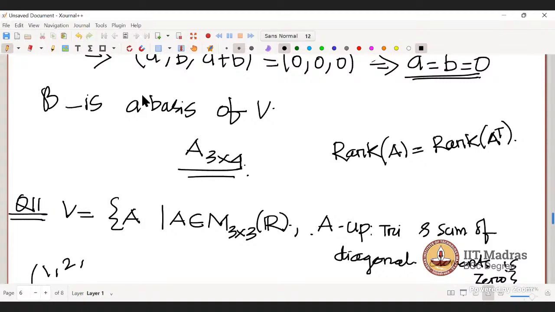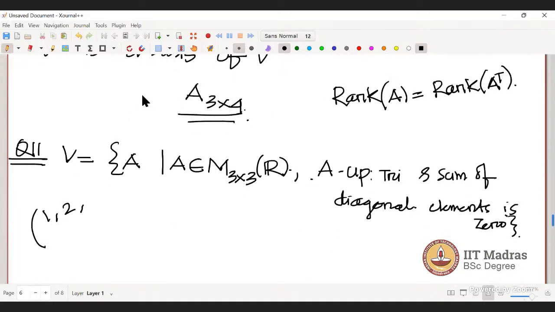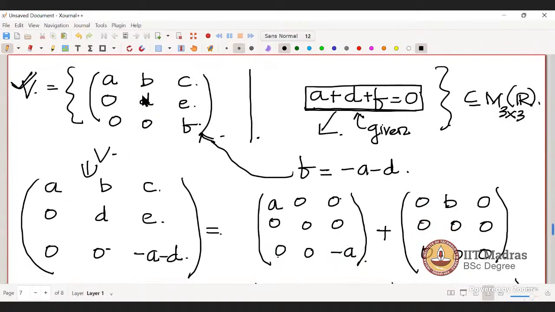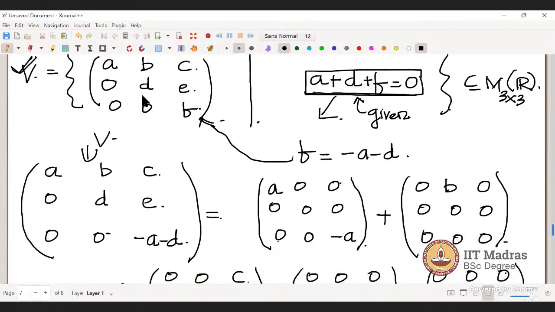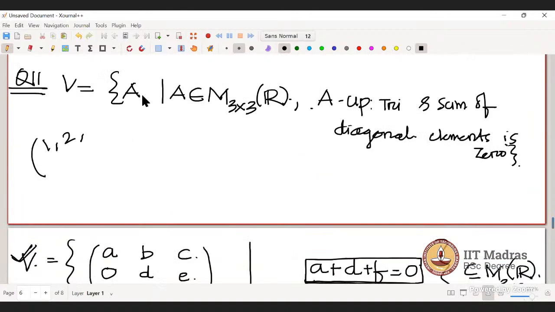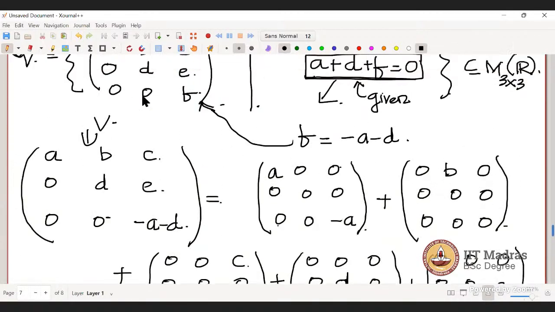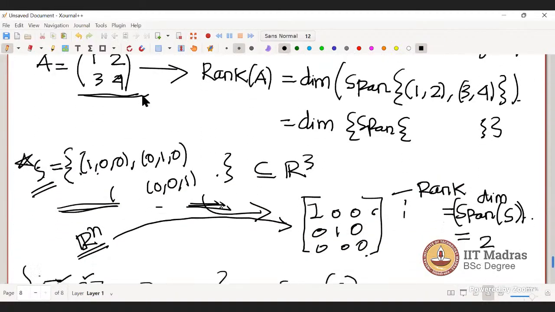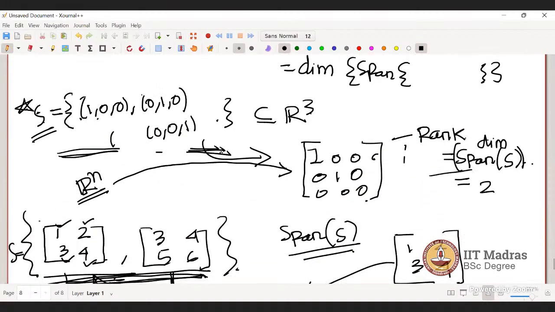So I don't know where it is written. So you said the dimension of span of V, that statement where you have written. Where? Dimension of span of V. Yeah. No, I guess I have not written it anywhere. Basically I have written dimension of span of S. Okay.